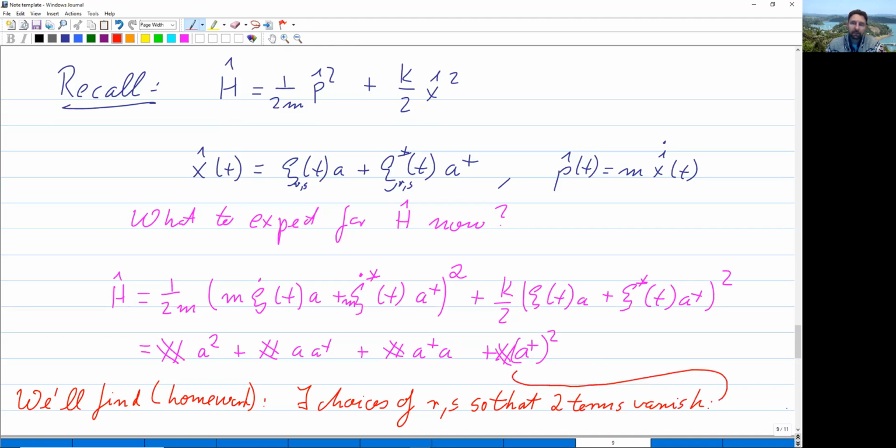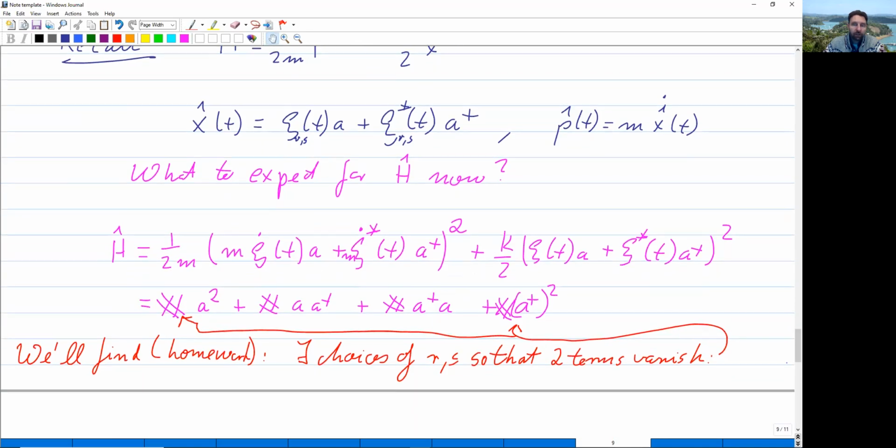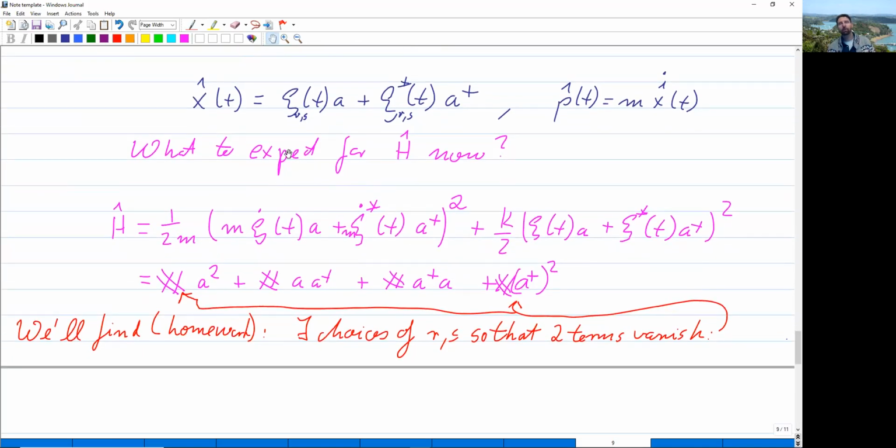Namely, this term vanishes and that term vanishes. So we can choose the R and the S such that these prefactors vanish. And that is usually done. So now you've seen the logic, the internal logic for how we solve the harmonic oscillator and why we solve it in this way, and what are the freedoms, the choices we have in here.